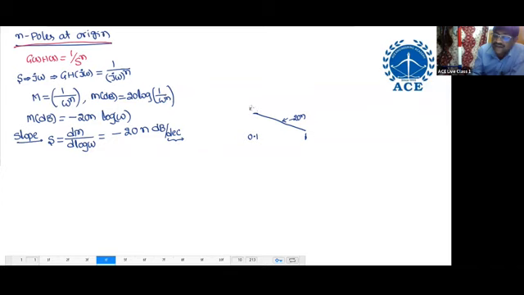Here magnitude is 0 dB, here it should be minus 20n. Then I can say minus 20n dB per decade. Like this you have to draw the magnitude. In a 10 times change in frequency, the change in magnitude is minus 20n. That is called minus 20n dB per decade.